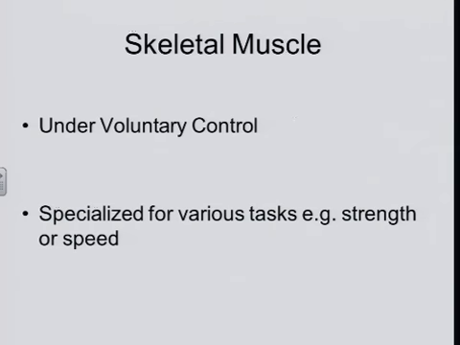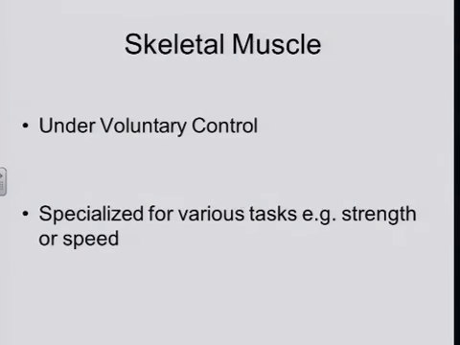Skeletal muscle is what we think of as muscle. It's under voluntary control. It's the things that determine our motions, balance, and such. And it in and of itself is not a single muscle type. We have slow twitch fibers, fast twitch fibers, and they're specialized for various tasks, such as strength or speed.